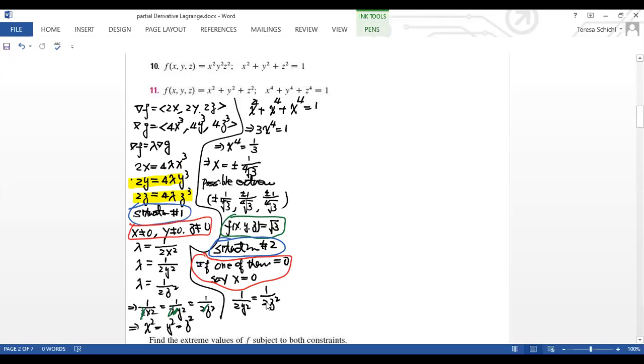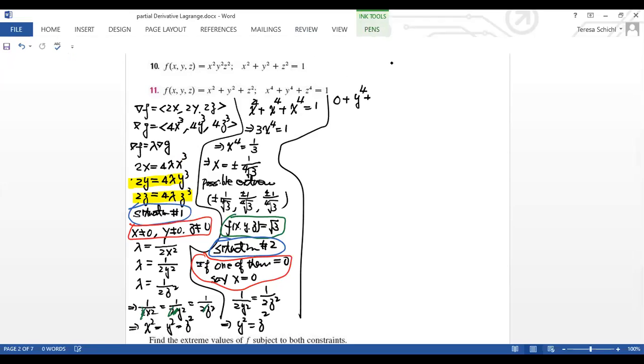So it's y squared equal to z squared. I can come out with y squared equal to z squared, right? If y squared equal to z squared, then I bring back to the constraint x equal to 0, so it's 0 plus y to the fourth plus z to the fourth, right?